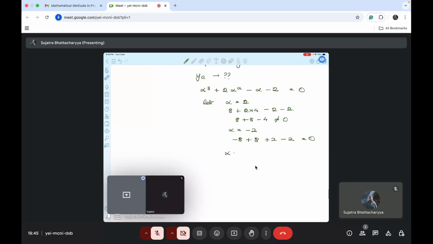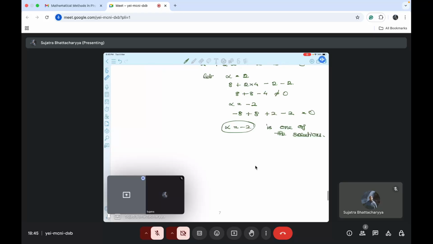Therefore, alpha equal to minus 2 is one of the solutions. Now, if you have got this, can I write alpha plus 2 and put the other things here? This is how you find the roots of the cubic equation.